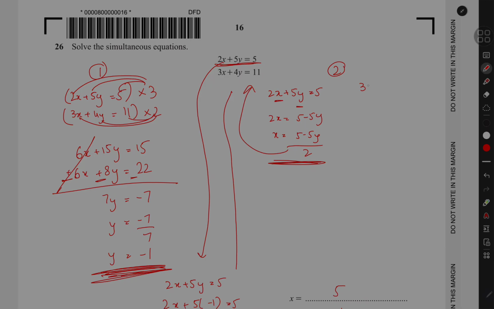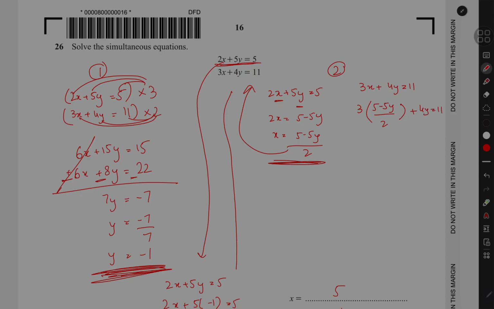So that is 3 times x plus 4y is equal to 11. 3 times x is 5 minus 5y over 2, plus 4y is equal to 11.